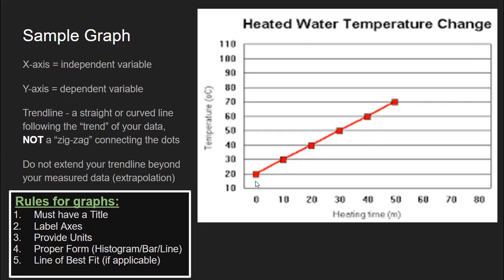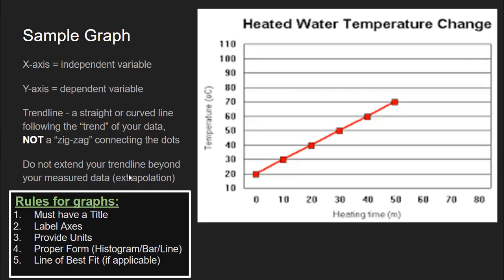But what you want is to have this line showing what trend the data is following, which direction it seems generally to be going. And so if it's kind of zigzaggy on the dots, rather than following those dots and drawing a line through each one, you would draw still this straight line that goes through, showing the direction the data tends to be going or is trending towards.